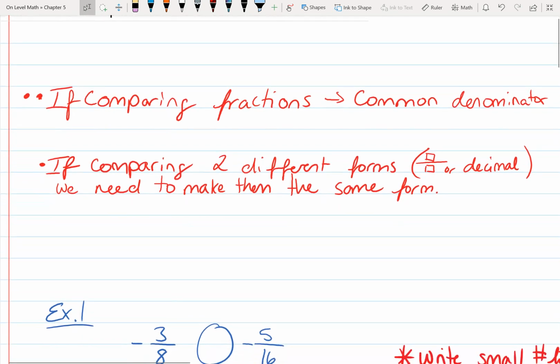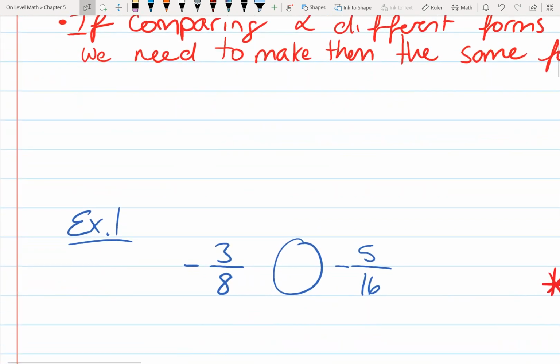Alrighty, example 1. We've got -3/8 and -5/16. Let's recall, how do we know which number has a smaller value? If we're comparing two negatives, how do we know which one is the smaller one?